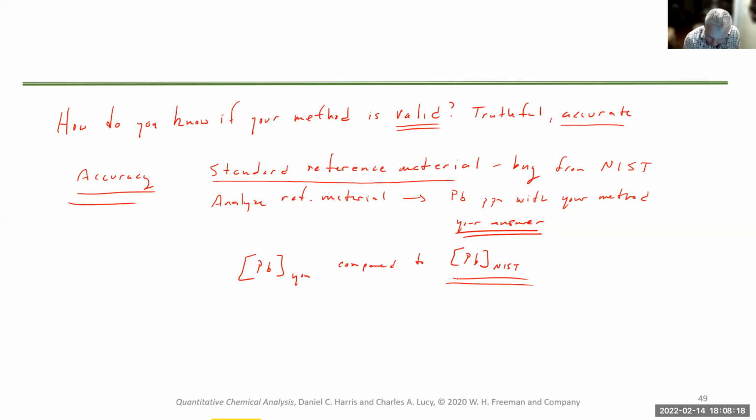So failing this, then what can we do? Well, this is the best way. But for example, if you've got arsenic in a corpse, or chloroform in a brain, or arsenic in drinking water, you could definitely do it. But there are many settings where standard reference materials don't exist.